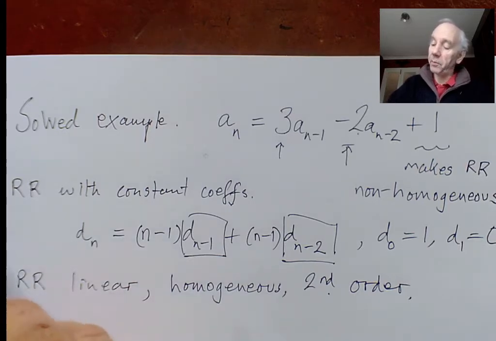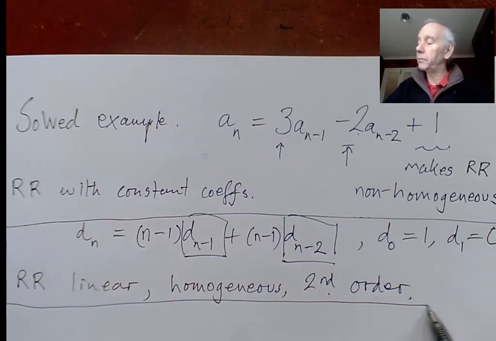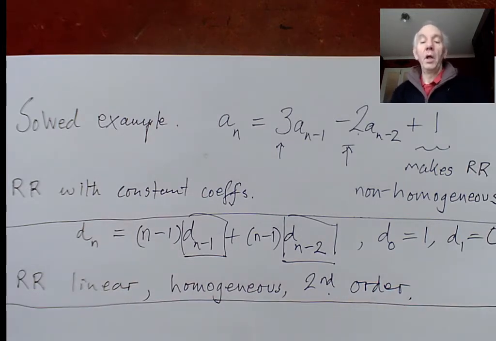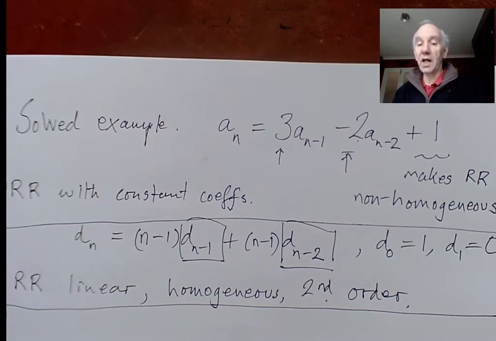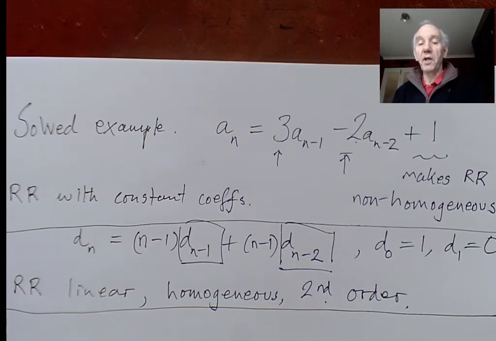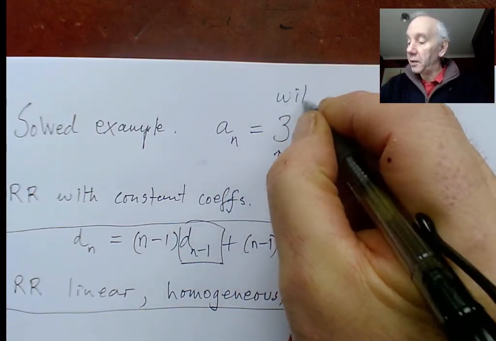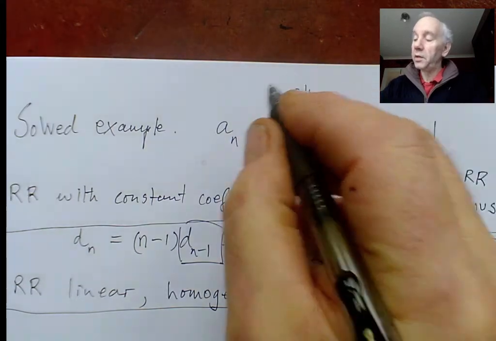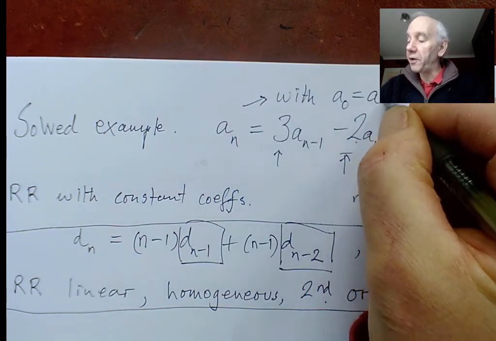So let's put this in a box, not to confuse it with what I was saying before. Let's go back to the solved example. I haven't quite finished writing this out because I need to specify initial values. So, squeeze it in here, with a_0 equal to 0 and a_1 equal to 0.